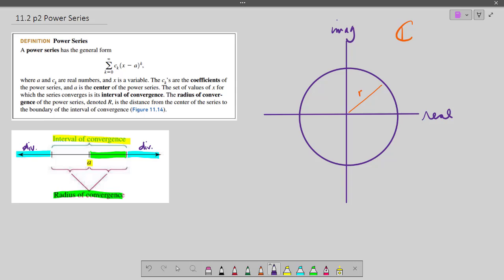It turns out that for your power series, if you change this x to a z to represent a complex number, any number inside this disk will give you convergence. Any number outside that disk will give you divergence. And numbers along the boundary here, who knows? Some could converge, some could diverge, whatever.